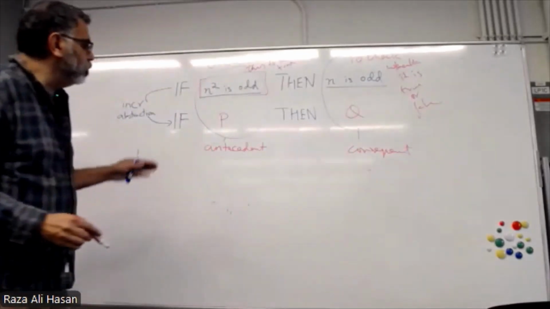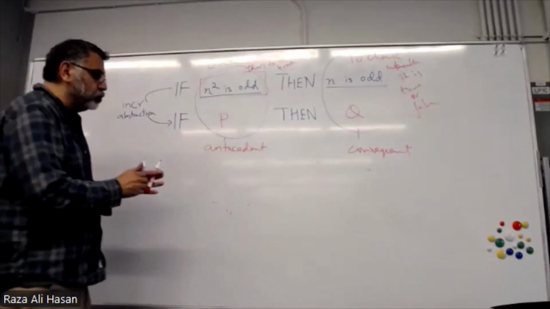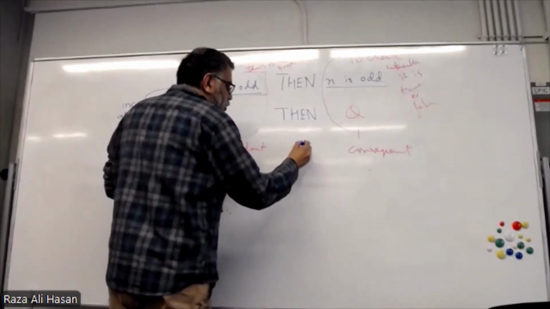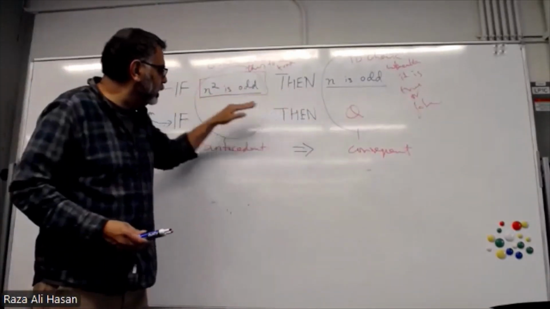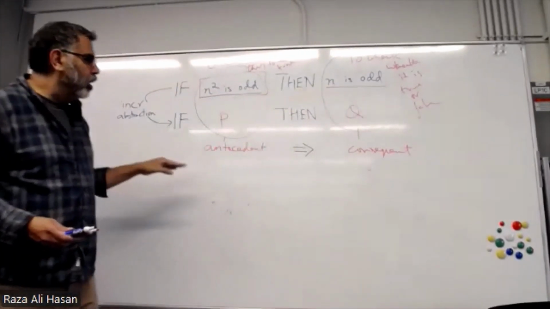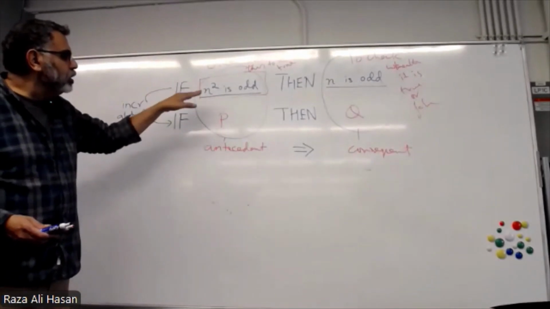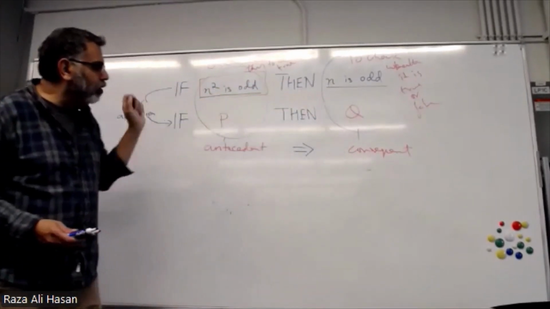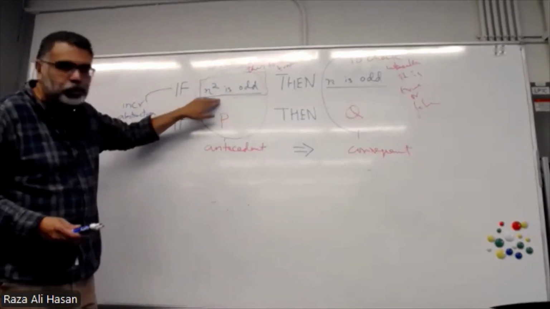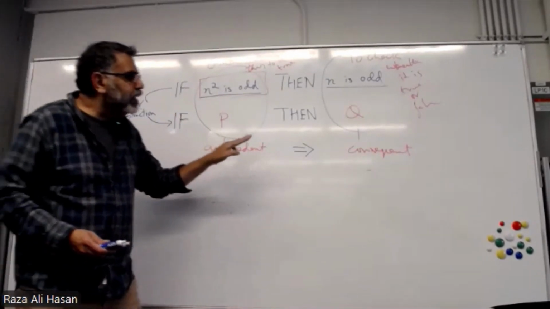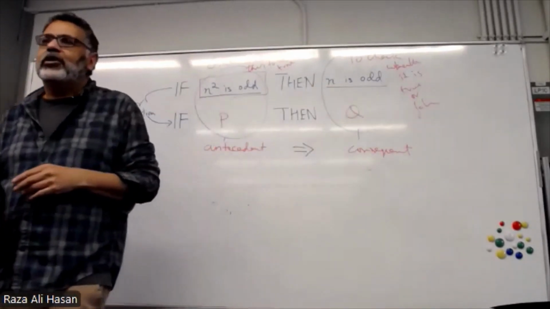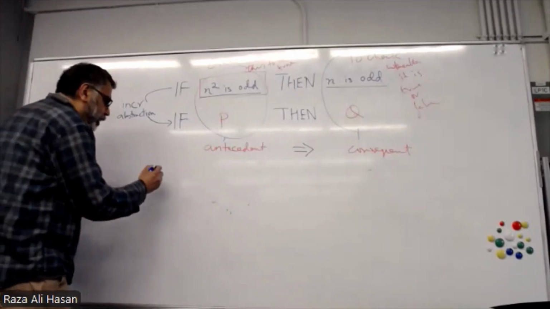And in order to prove this implication, that this implies this, when do we prove that? This implies this when we assume this is true. If we assume the antecedent to be true, then does it imply the consequent or not? So this is the step here.